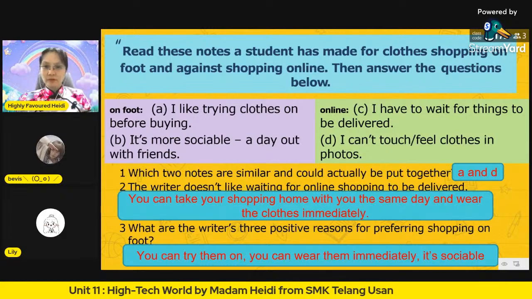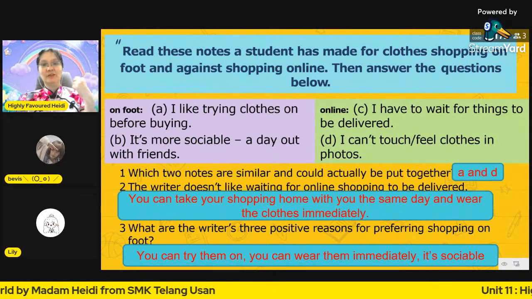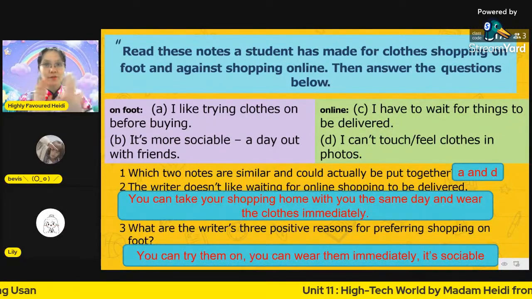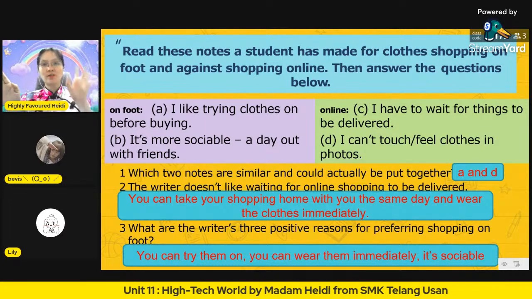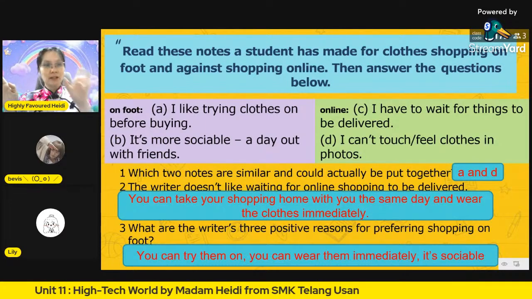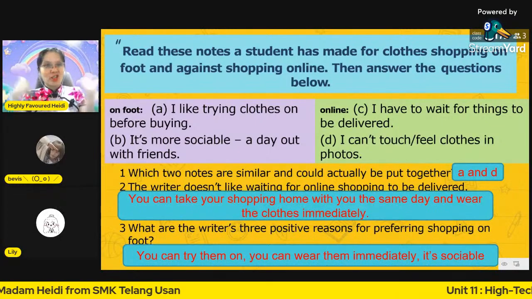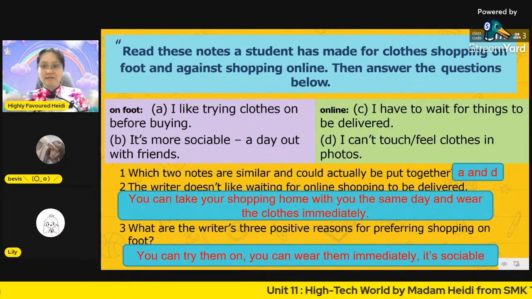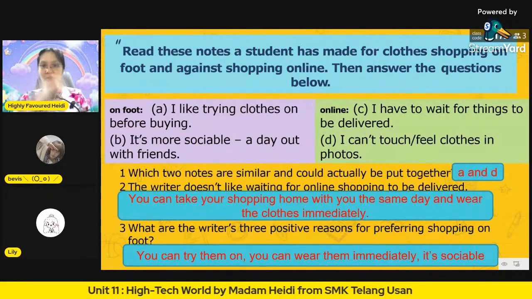So for the positive reasoning, on the same day I can take it home. That's how the writer shows the comparison between online and in-shop shopping. The minute I purchase it, I can go and change and wear it already. No need to wait.